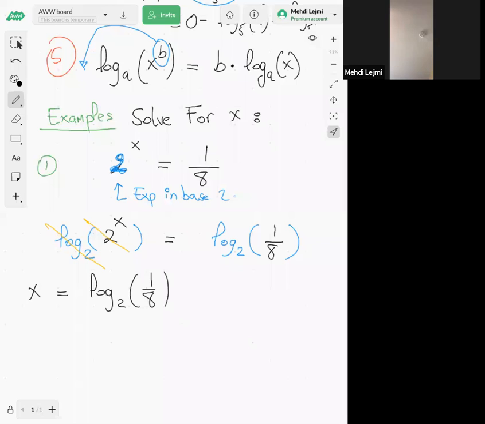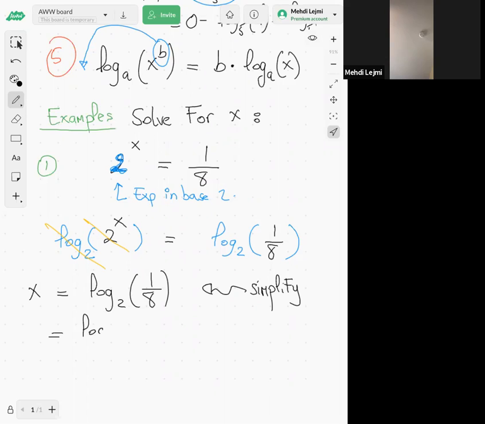Now we can try to simplify this, because we have all these properties of log. First, this is 1/8, so this is a division, a fraction. So that will be the difference between the logs.